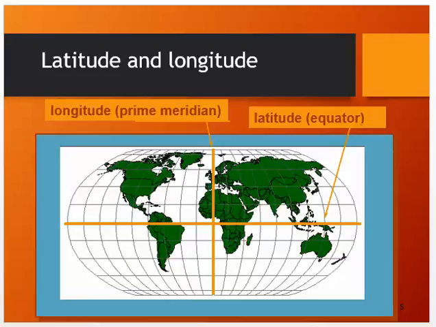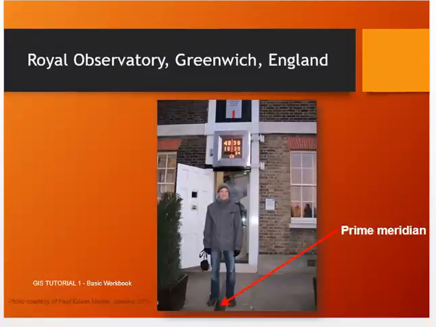And the prime meridian that runs through Greenwich, England, is a line of longitude. The opposite side of the globe from the prime meridian is the international date line in the middle of the Pacific Ocean. So here is the obligatory tourist shot of someone straddling the prime meridian, and I do have to confess I have done this.